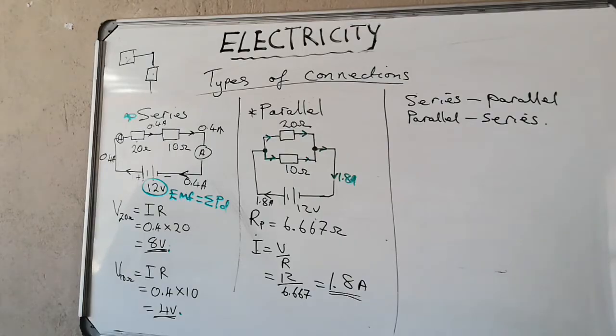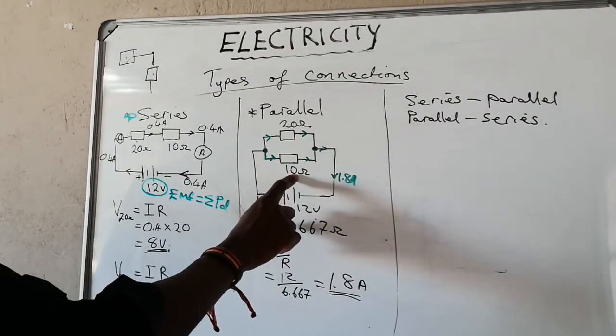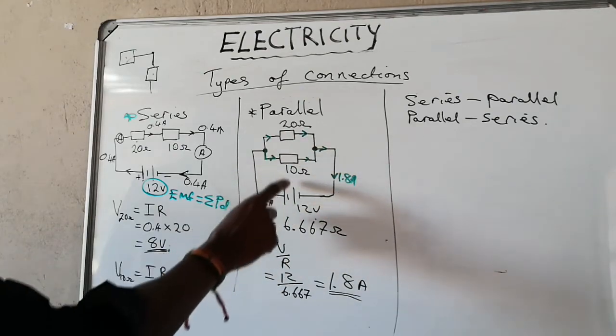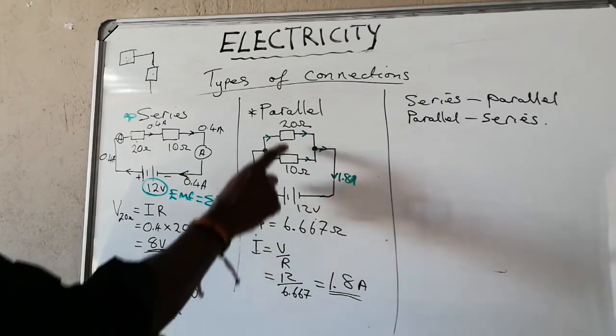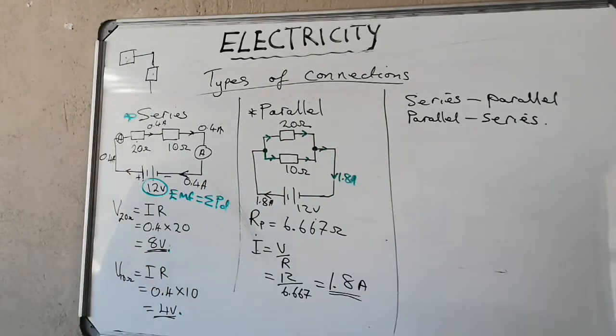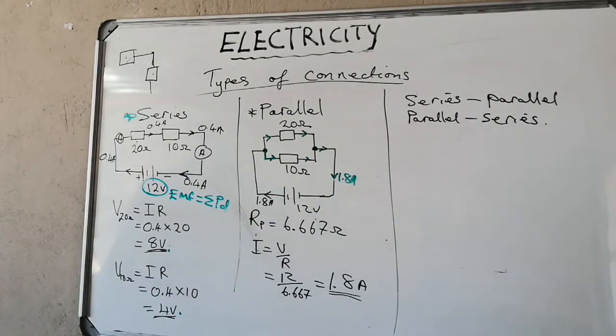So the voltage across this 10 ohm resistor is 12 volts because it is connected straight parallel to this 12 volts. The voltage across this 20 is still 12 volts. Okay, so in this case, all of these, they are having 12 volts.